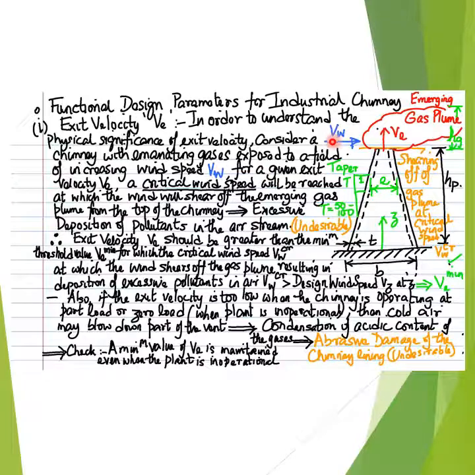And when the critical wind speed at which the wind shears off the emerging gas plume, or the emanating gases exposed to the field of wind or airflow, is reached, then the emerging gas plume will result in the excessive deposition of pollutants in the airstream, which is undesirable.